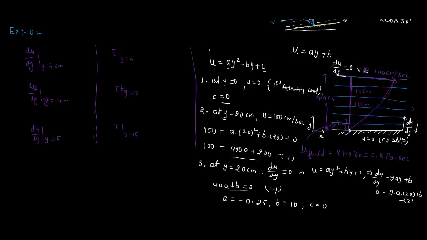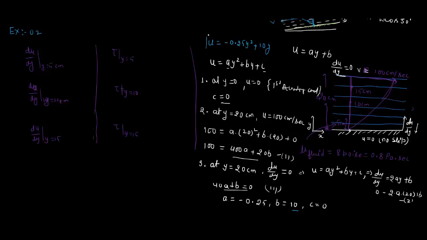So u equals minus 0.25 y square plus 10y, with c being 0.